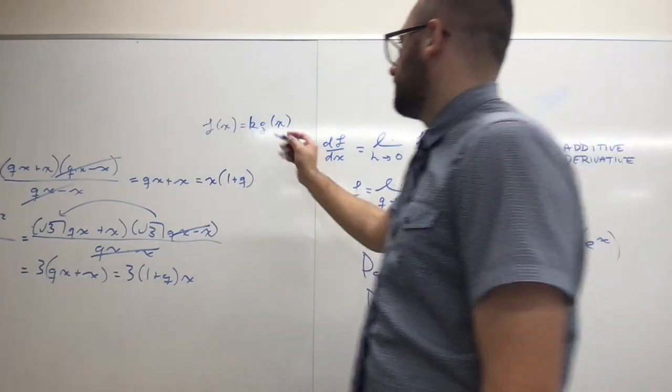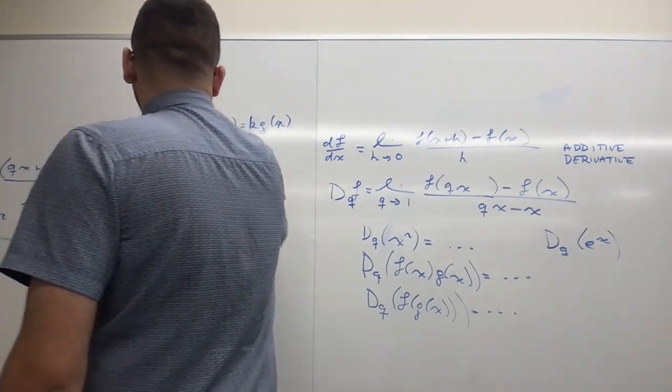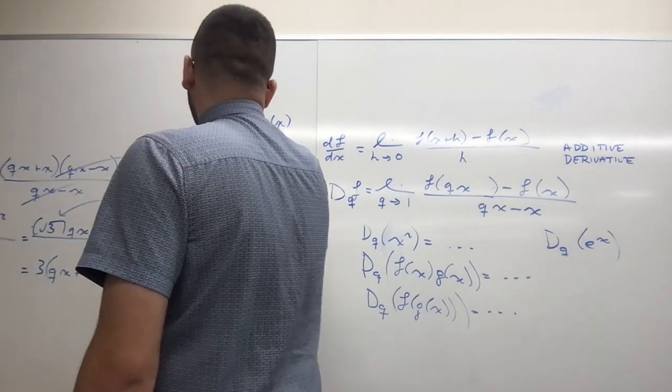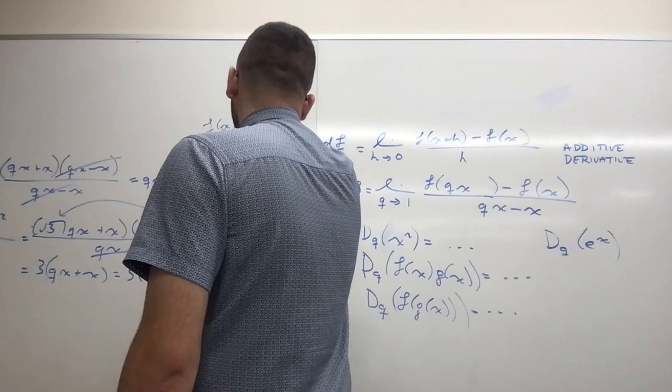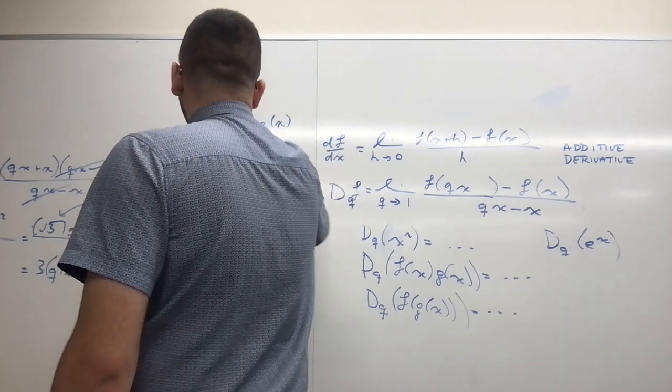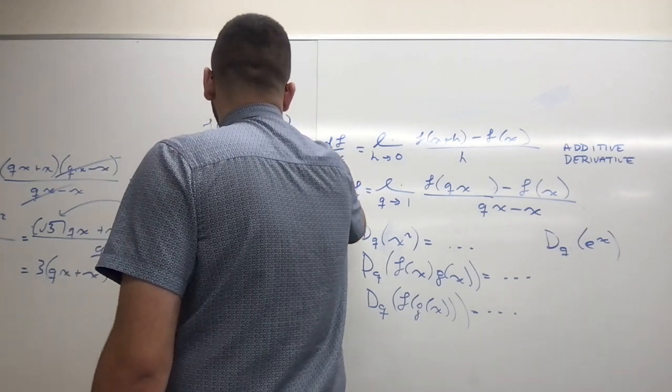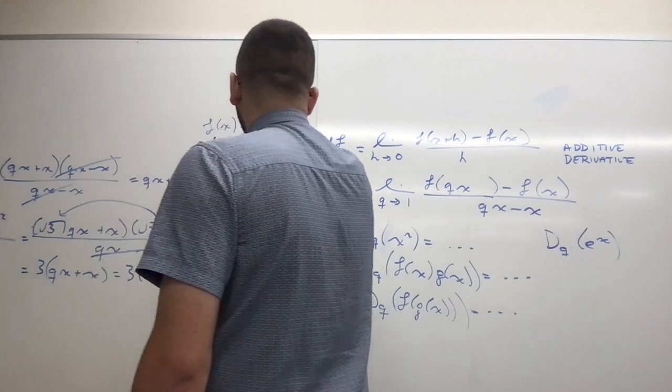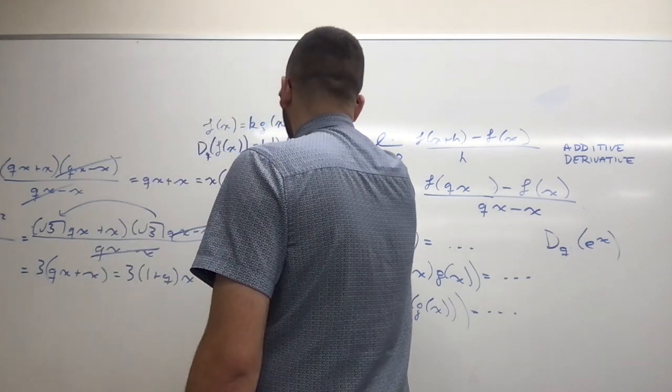Is it true that the derivative of f of x is k times the quantum derivative of g of x? Can you just pull the k out?